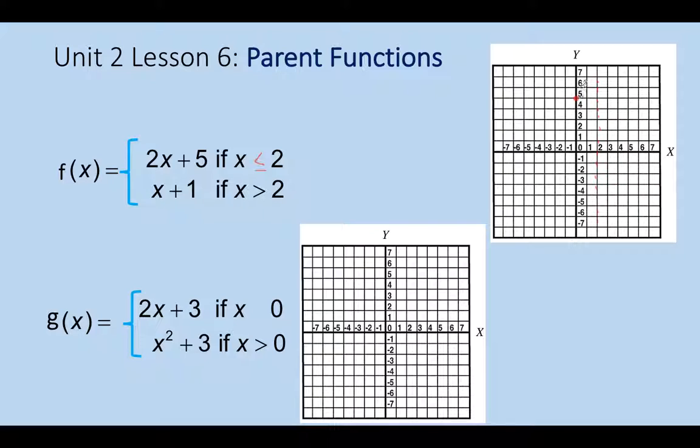I would have a slope of 2, so up 2 to the right 1, up 2 to the right 1. I could also go down 2 to the left 1, and you can see that very quickly I just have this. But I just want it for less than or equal to 2. And so I'm going to have my filled in dot here, and then I'll just connect my line, and it goes forever that way.